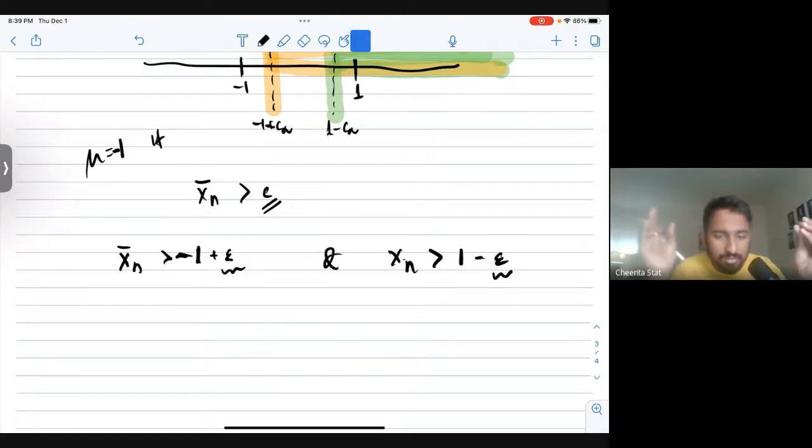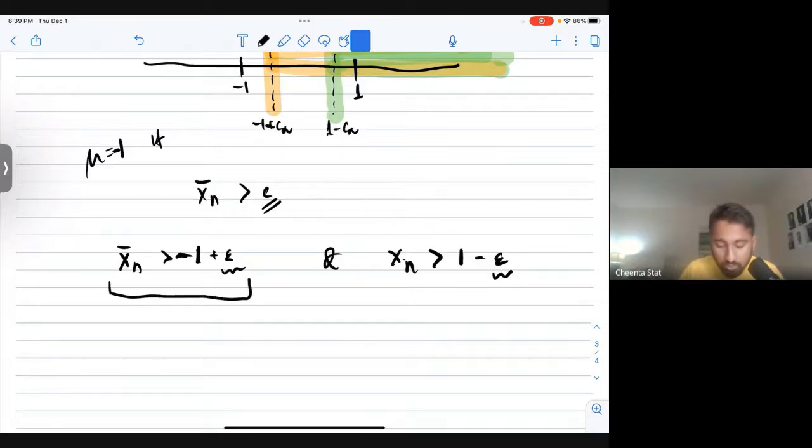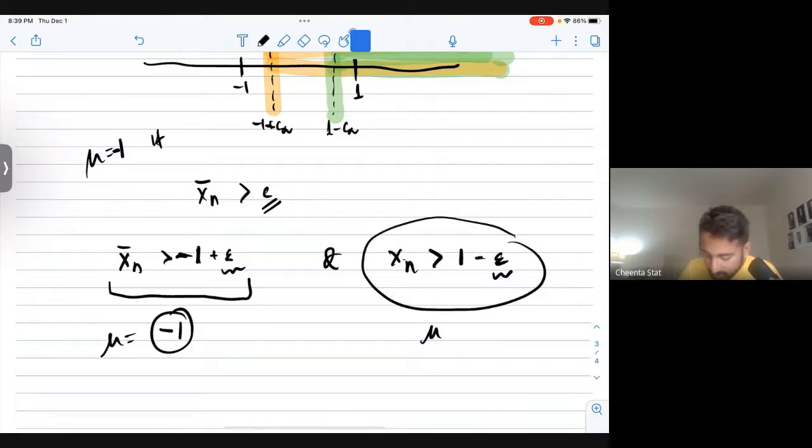So what does it mean? It means that in this case, we can keep epsilon very close to -1 also, or very far away from -1 also. So here the focus is -1, that is mu is equal to -1. And here the focus is mu is equal to 1.